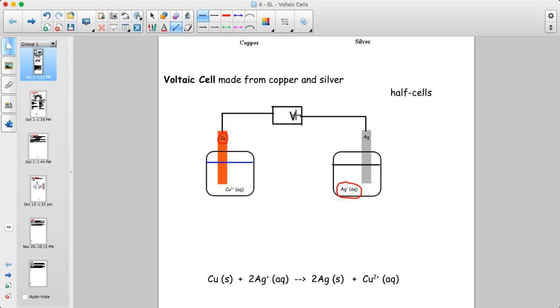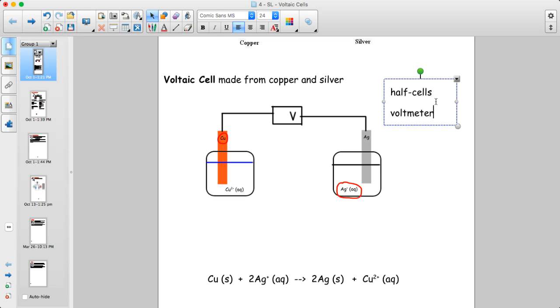And the way that we show that we're measuring that electricity, usually the simplest way is to draw a box with a V in it. That implies that you're showing a voltmeter. So you've got to have half cells for your Voltaic cells, and you have to have a voltmeter. Okay, so that's how we show it, just a box with a V in it. So this will show us the electricity that we're producing, the voltage, and the wire allows the electrons to transfer.